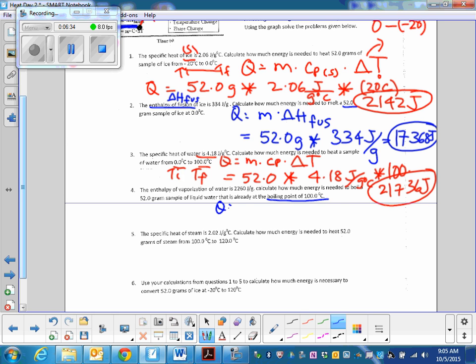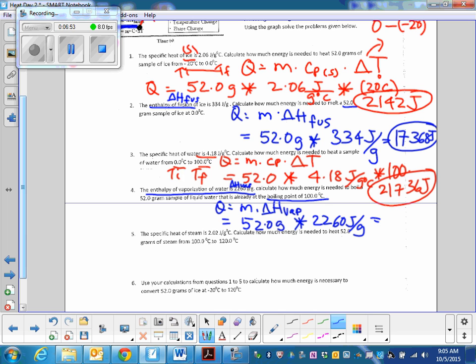So it's Q equals M times enthalpy of vaporization. So it's still 52 grams times 2260 joules over gram. Enthalpy of vaporization means HVAP. Is that right?